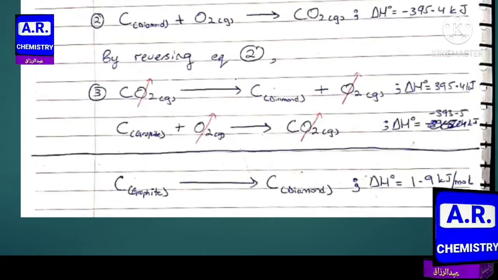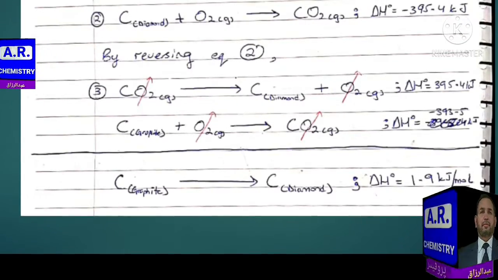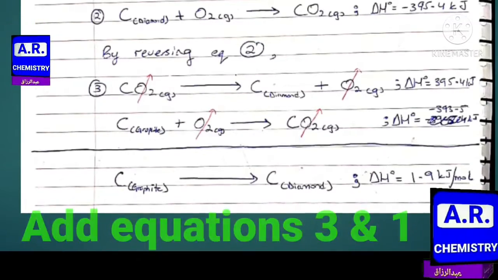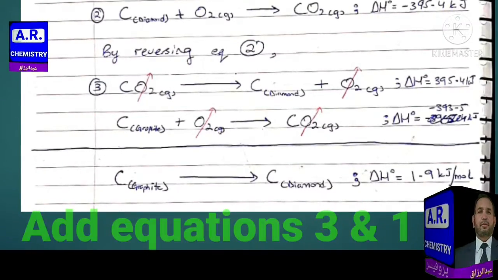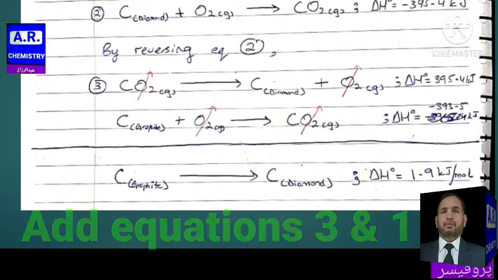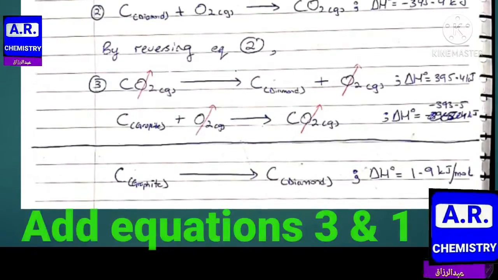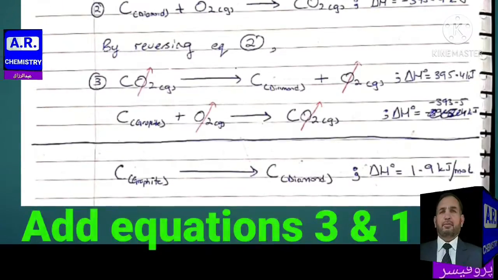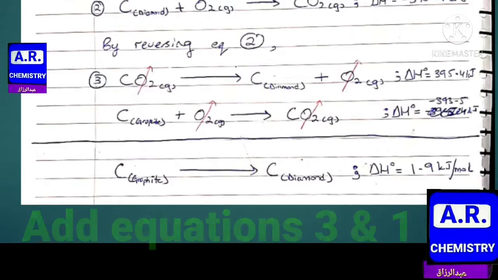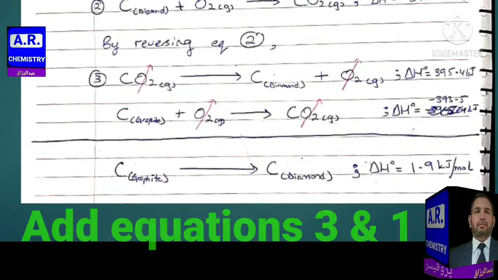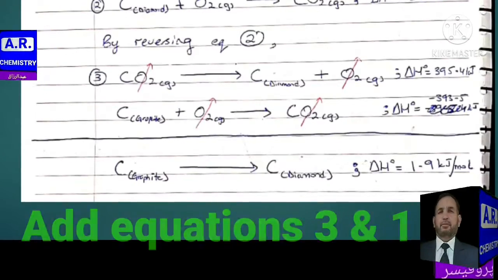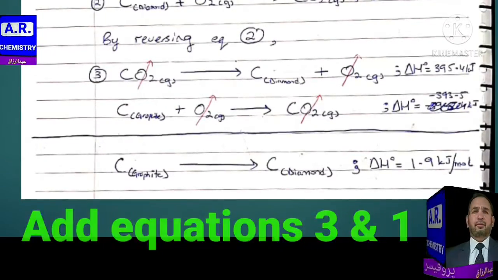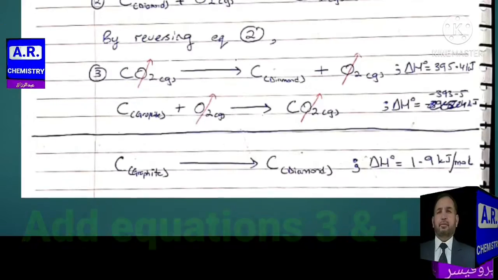Now the simple thing is that you are to add equation 3 and equation 1. Equation 3 as already written, so write below equation 3 equation 1. Equation 1 is for combustion of graphite, and graphite should be a reactant, so it should be on the left hand side. So when you add equation 3 and 1, you are also to add their enthalpy values.